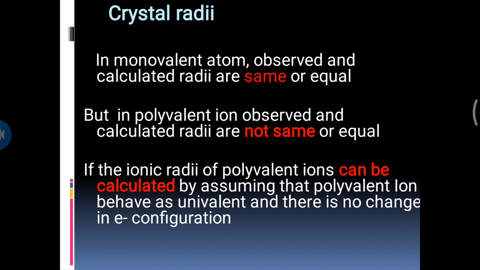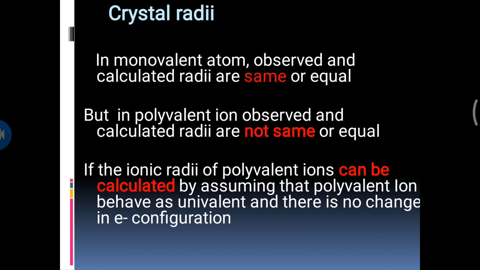For univalent radii, suppose Na plus, the sodium ion radii, observed and calculated are equal. But in polyvalent radii, the observed and calculated values are different.